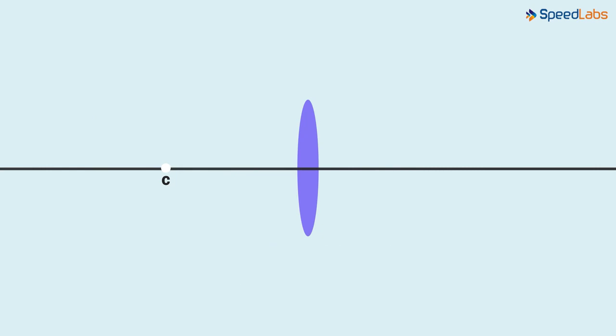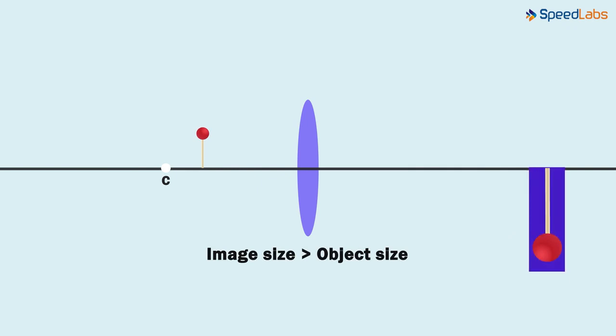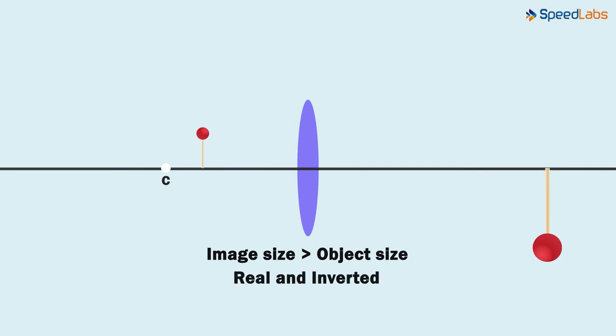What will happen if I move the object towards the lens from this point? Again, look carefully what happens to the image as I move the object in this direction. The obvious thing that you must have noticed is that the image appears to be bigger in size compared to the object. The image is also upside down. This means that the image is still real and inverted.